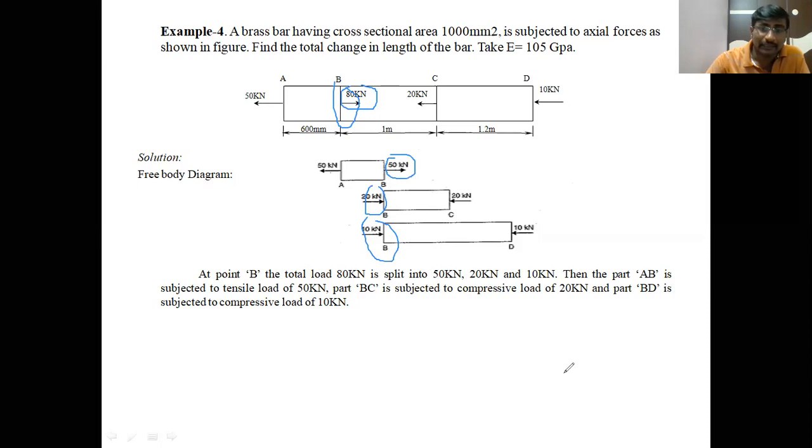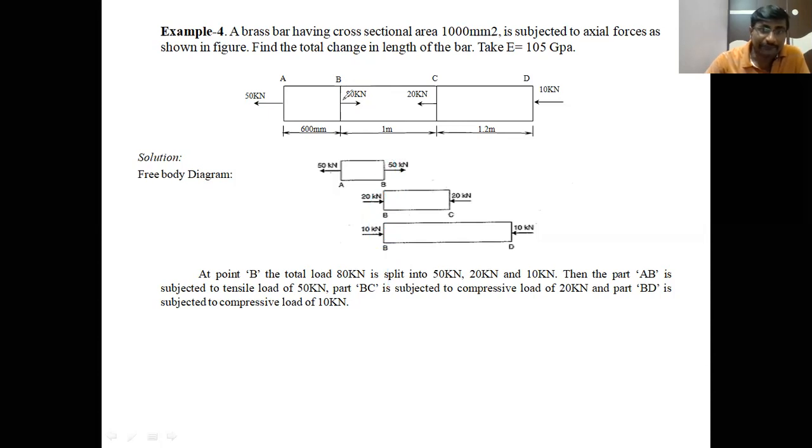Once again, the principle of superposition means the effect produced by the load at a certain point is equal to the summation of all the effects produced by the individual loads at that point.